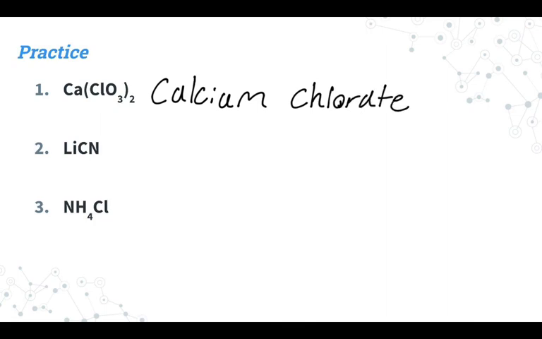So we get calcium chlorate. All right, number 2, our LiCN. Our Li being our lithium, our CN being a polyatomic. So in this case, CN is cyanide. So we're going to get lithium cyanide.